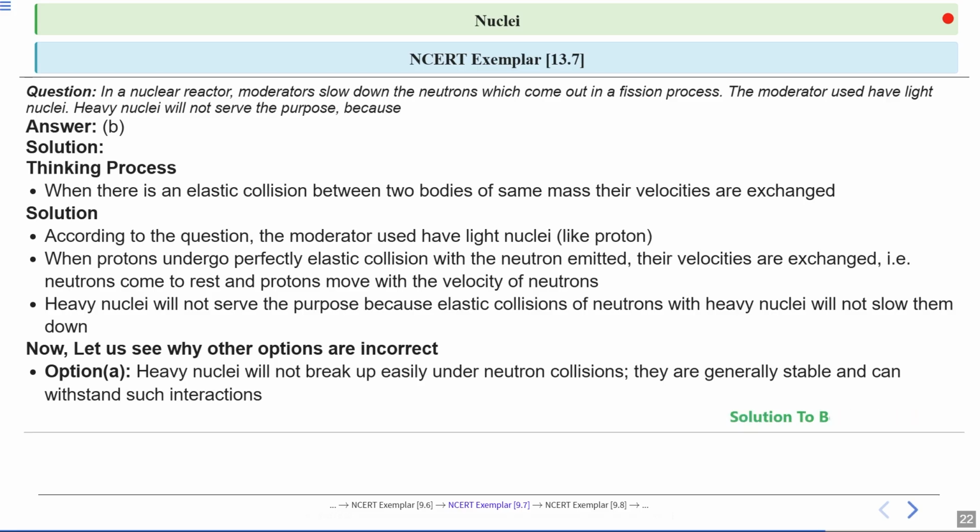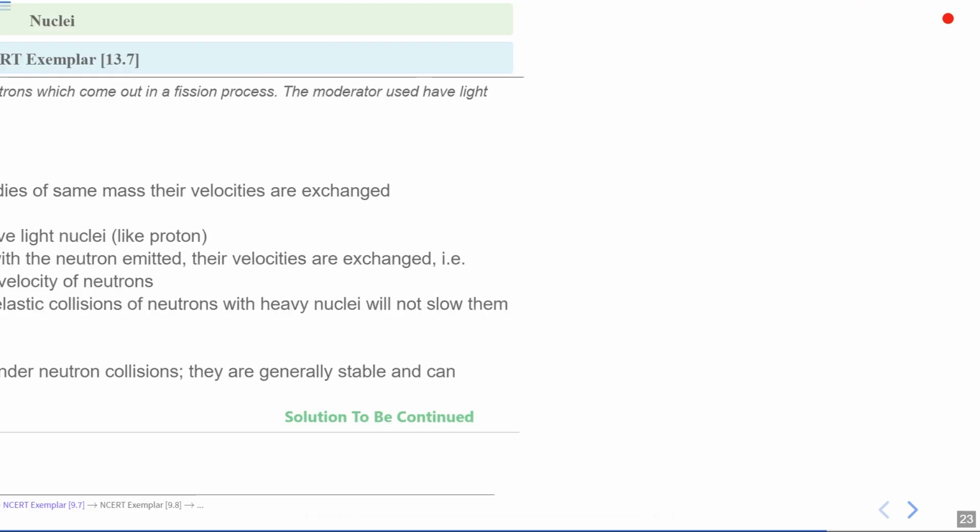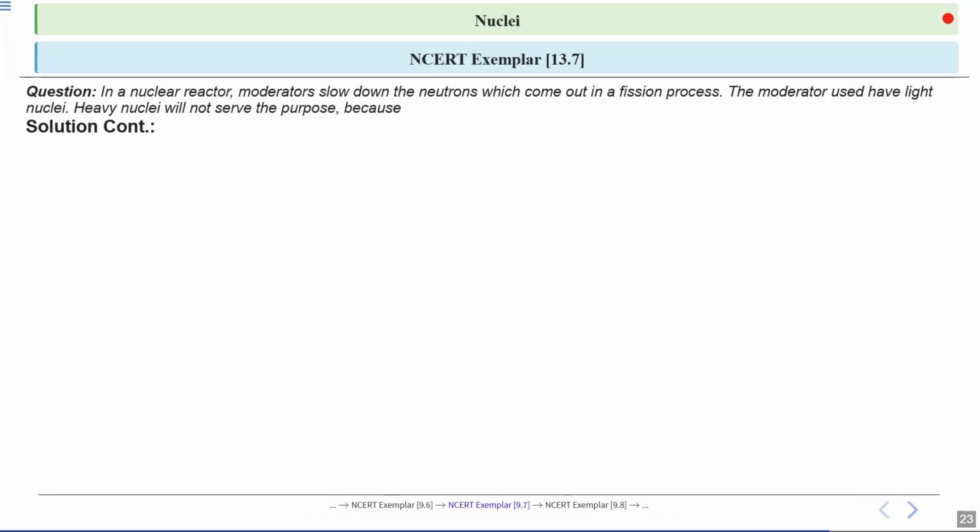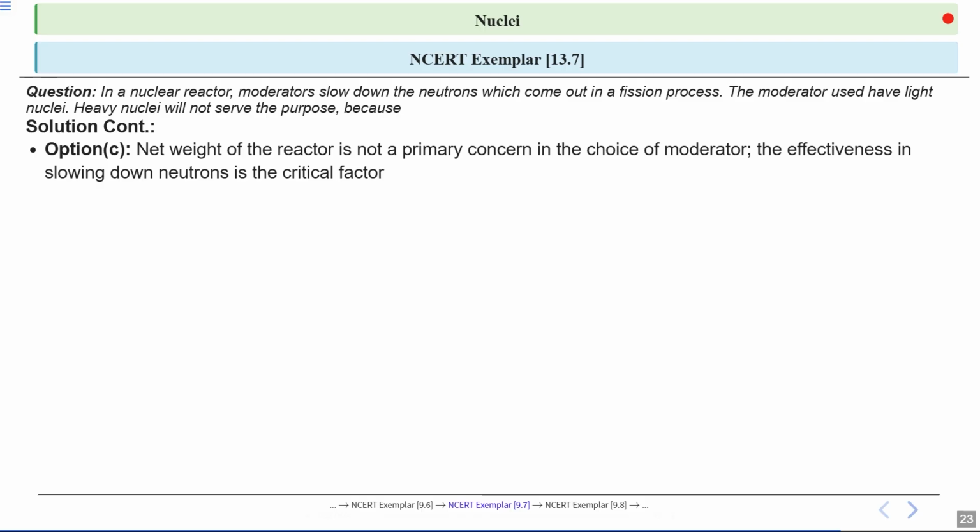In a nuclear reactor, light nuclei slow neutrons via elastic collisions, exchanging velocities. Heavy nuclei can't do this. So option B is correct. Option C is incorrect because the net weight of the reactor is not a primary concern in the choice of moderator.